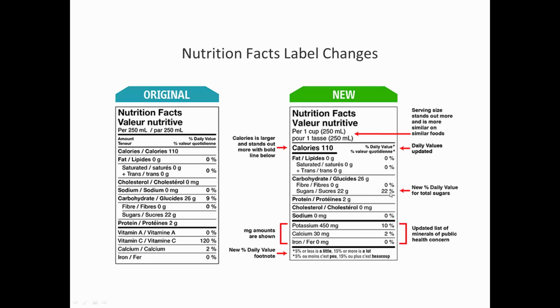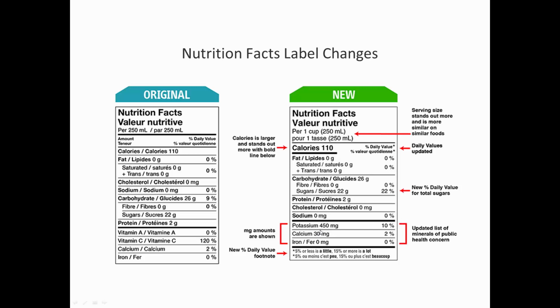Which is really what we're looking at, is not to go above a maximum. So in 1 cup of this particular product, you're getting about 1/4 of your daily sugar intake, of what your daily sugar intake should be at max. So that's a valuable piece of information too.